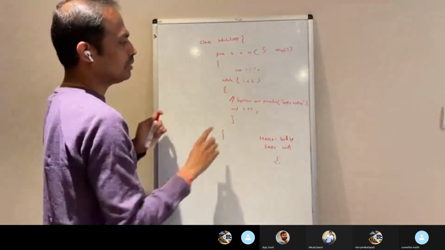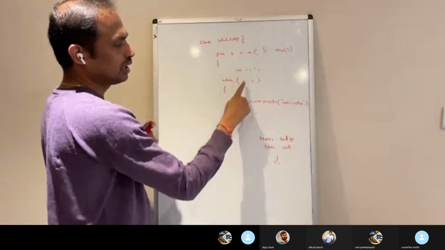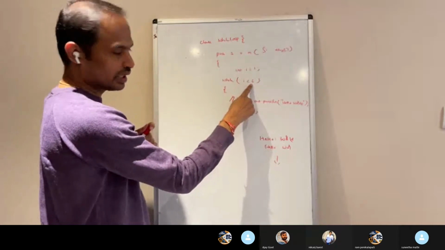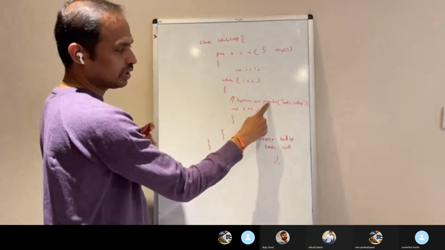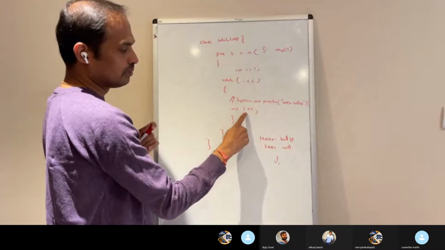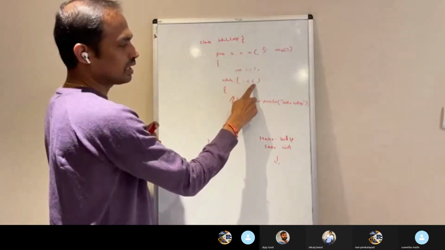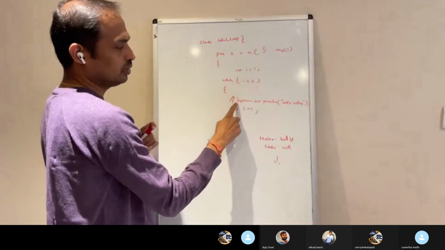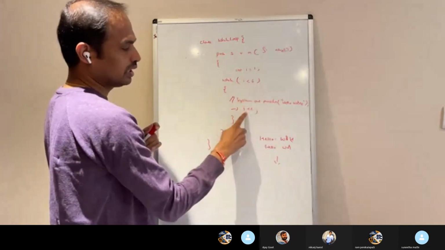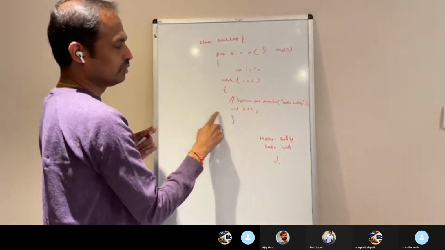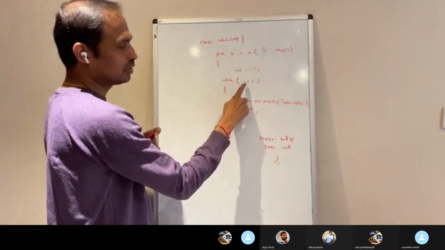So what happens? Int i is equal to 1, 1 is less than 6. Yes, true. It will come here, print hello world, then i plus plus. Then 2 is less than 6. Yes, true. It will print hello world, then come here, i plus plus, and the value of i increments to 3.